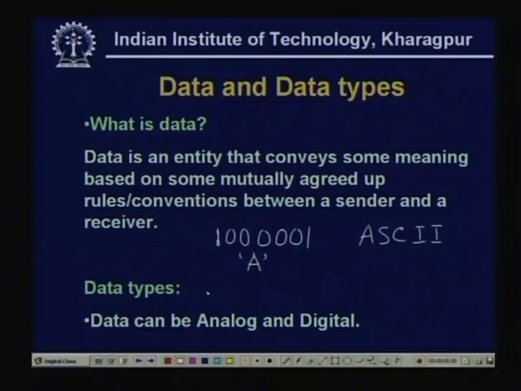That means uncorrelated, incoherent signal or information, whatever we receive, is not data. What we can interpret is based on some knowledge, some standard, some norm, some mutually agreed upon convention. So, this is the significance or meaning of data.